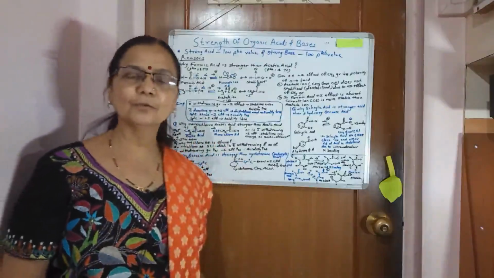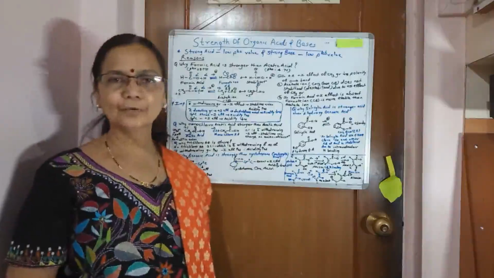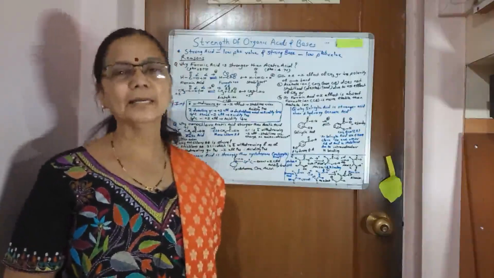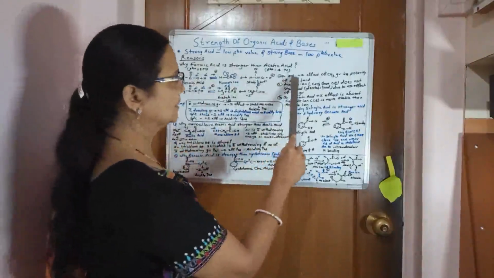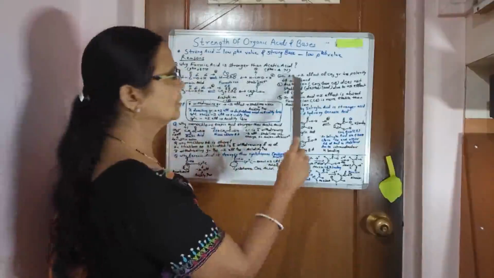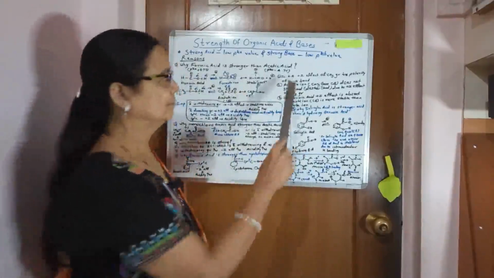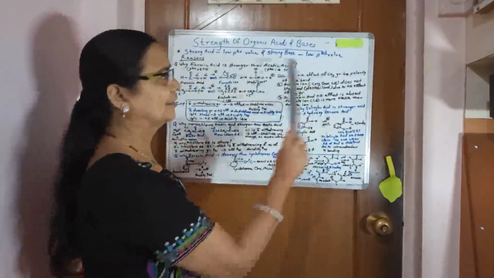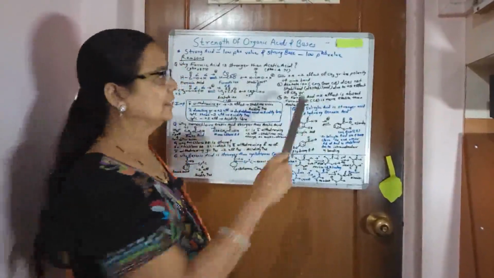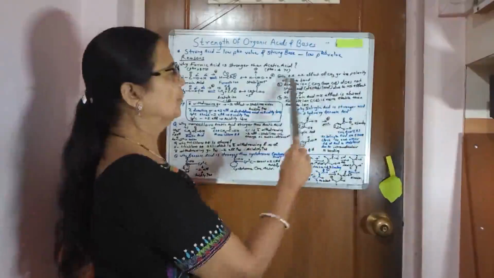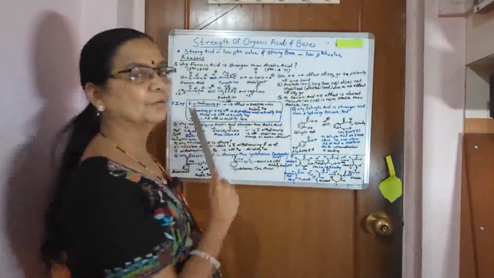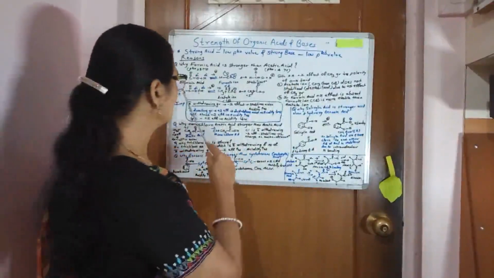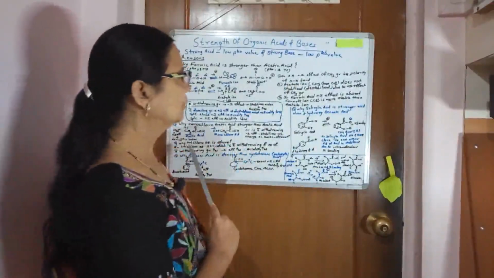As you know, the methyl group is an electron donating group which shows the plus I inductive effect. In acetic acid, the CH3 group shows the plus I, electron donating inductive effect. Due to this plus I effect, the polarity of the OH bond decreases.